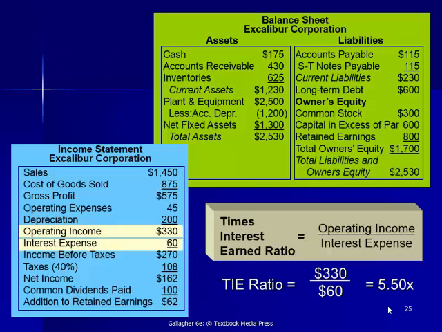So you can see that operating income over interest expense is 5.5 times. We have 5.5 times the amount of operating income that it's going to take for us to subtract the next item on the income statement to be subtracted. That would be interest expense.